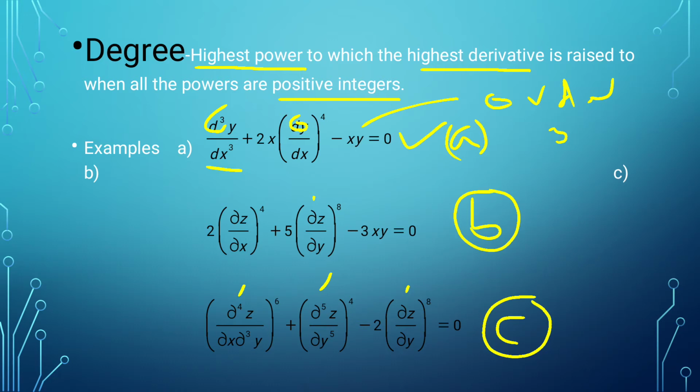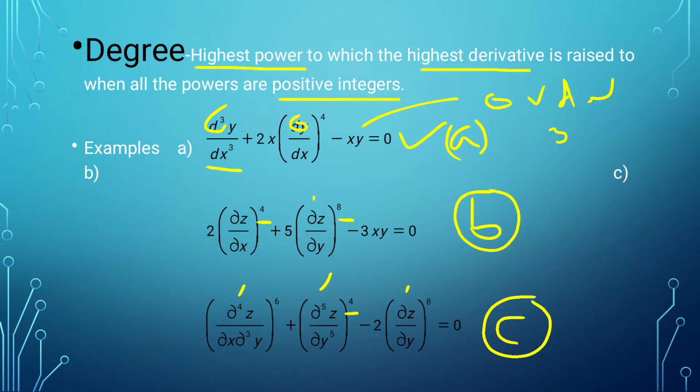For B, the highest power is 8, because we have power 8 and we have power 4. So 8 is the highest power. For C, we said 5 is the order, so its highest power is 4. That is the degree.